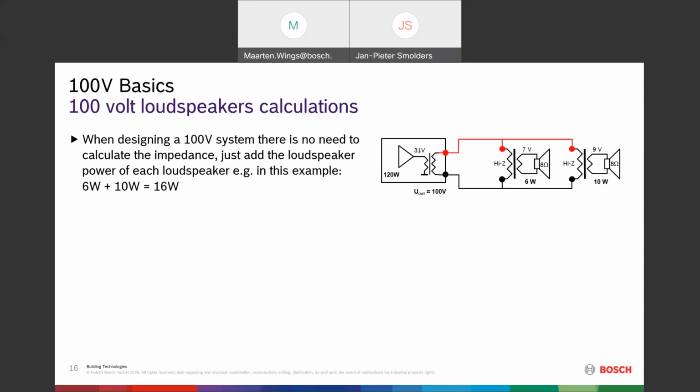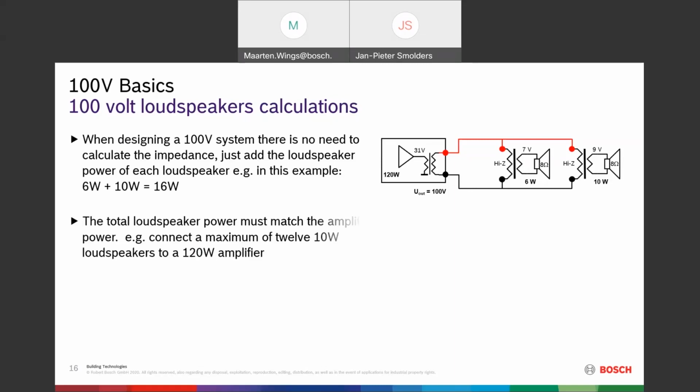In this case, we have a 6 watt and a 10 watt loudspeaker connected. That means the total load is 16 watt. So we're fairly below the maximum power that this amplifier can deliver. So you get to go with these two loudspeakers connected.